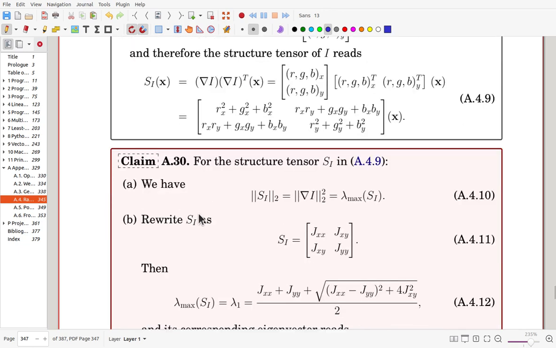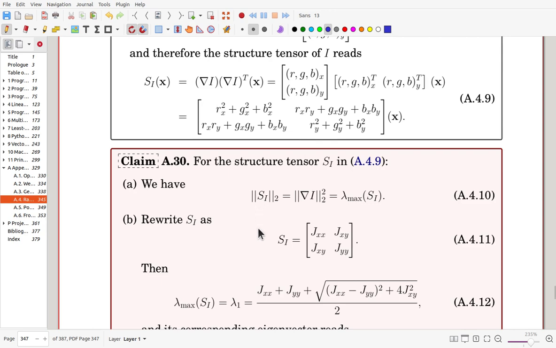Now, exactly the same way, we can find the eigenvalue of the structure tensor. Now, that is the S sub I 2 norm, which is the same as this 2 norm squared, and that will be the large eigenvalue of the matrix.